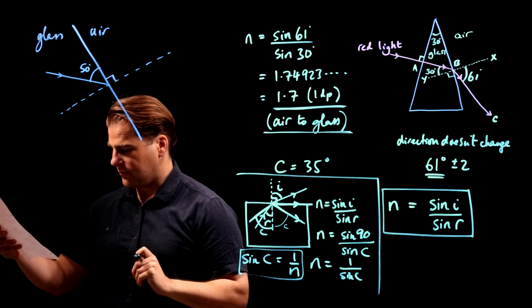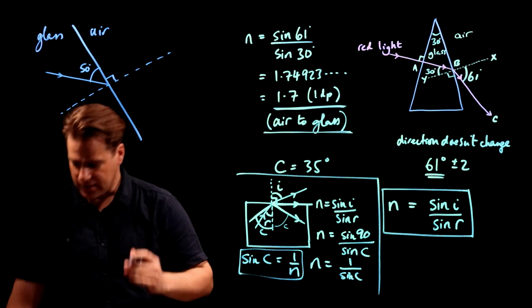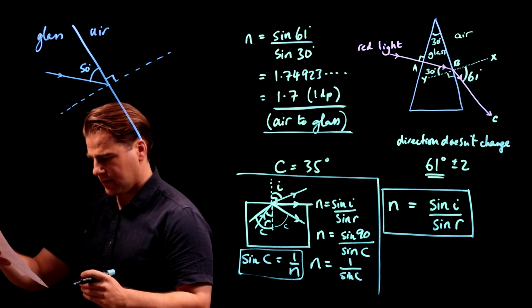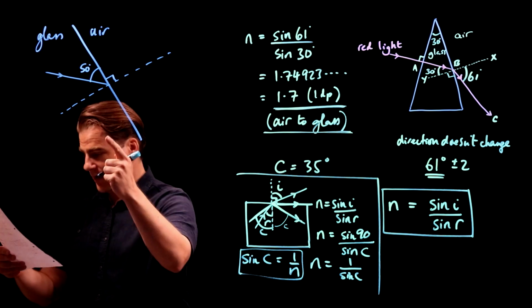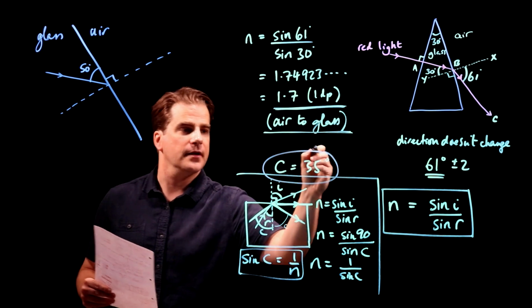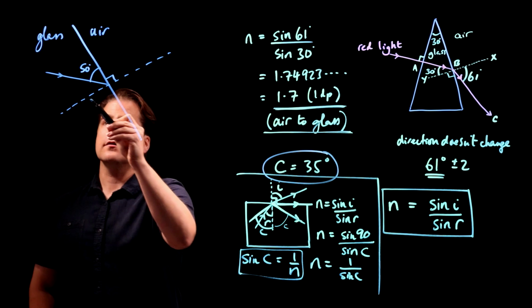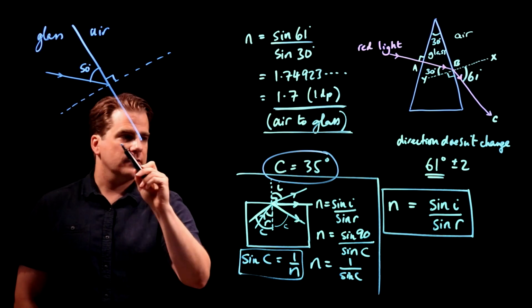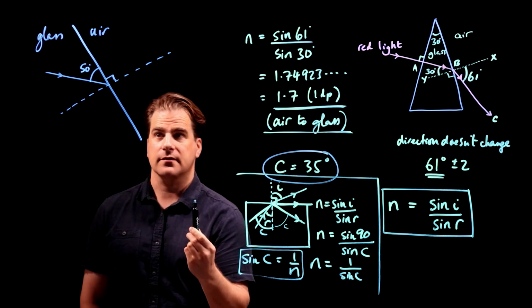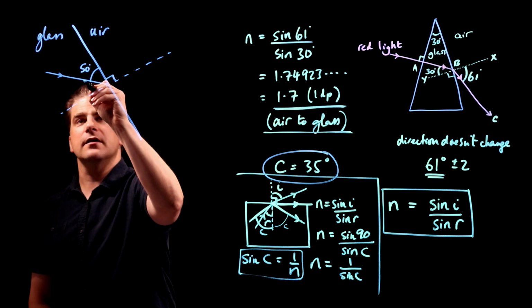Right, so we've got to continue the diagram. Now, they've told us that the critical angle for this glass is 35 degrees. The critical angle refers to the angle inside the glass.